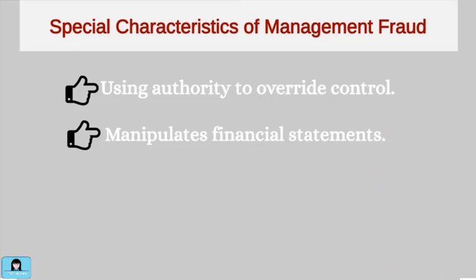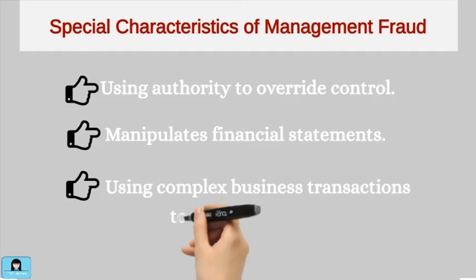Second, the fraud frequently involves using the financial statements to create an illusion that an entity is healthier and more prosperous than in fact it is. And third, if the fraud involves a misappropriation of assets, it frequently is shrouded in a maze of complex business transactions, often involving related third parties.